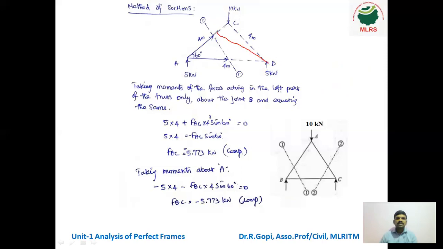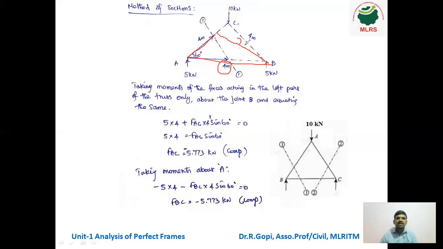So how to calculate this length? Consider this triangle. This length is 4 meter. Now what is this length? This is 60 degree. Simple: what is the opposite side?